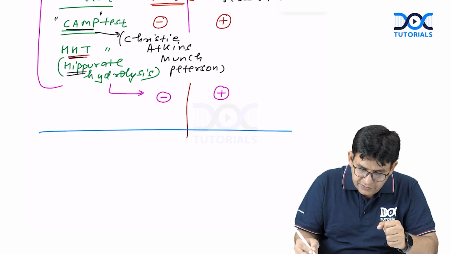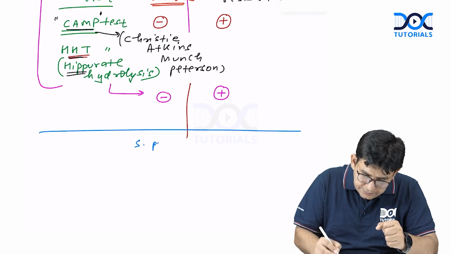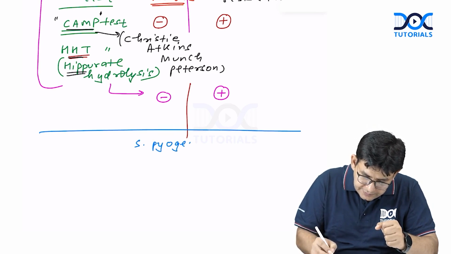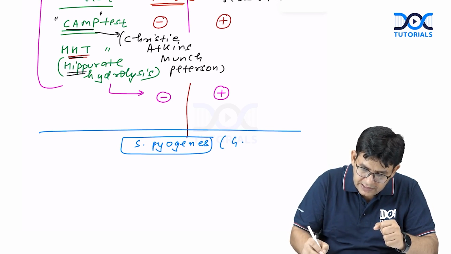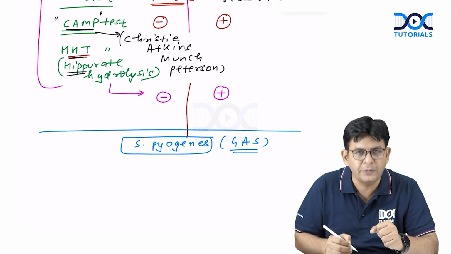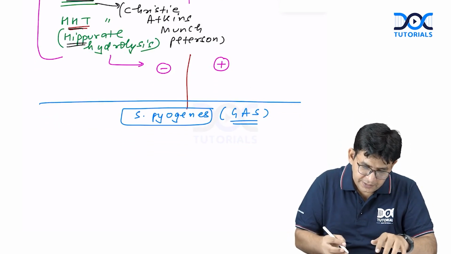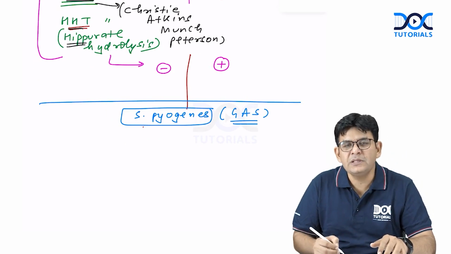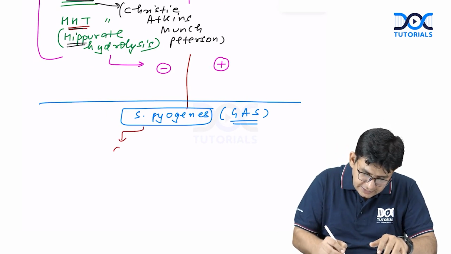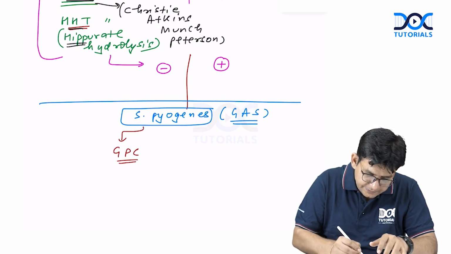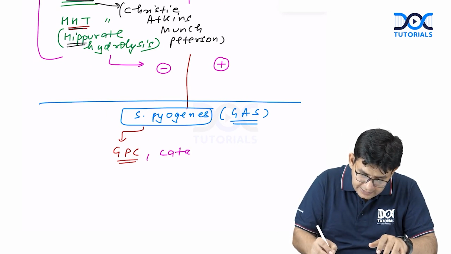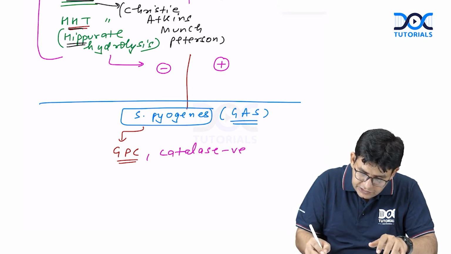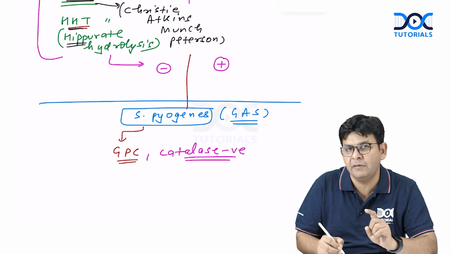Okay, guys. So first of all, we'll talk about the most important one, that is Streptococcus pyogenes, which is also termed as Group A Strepto, GAS. Streptococcus pyogenes is gram-positive cocci. If you remember in the initial ones in the gram-positive cocci, we have a flow chart.